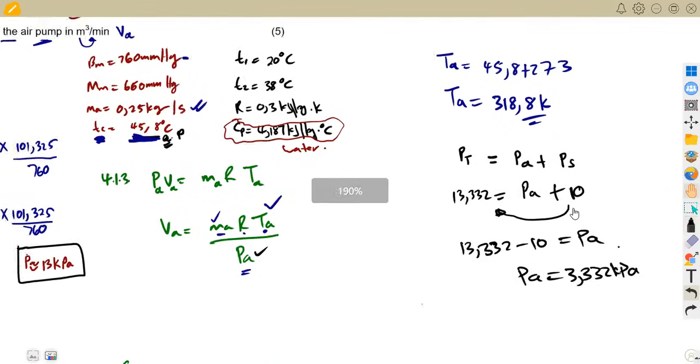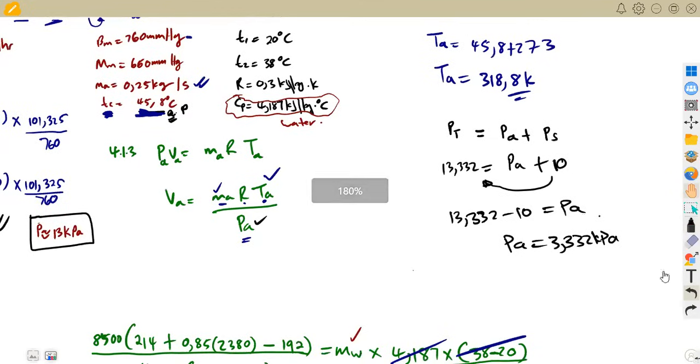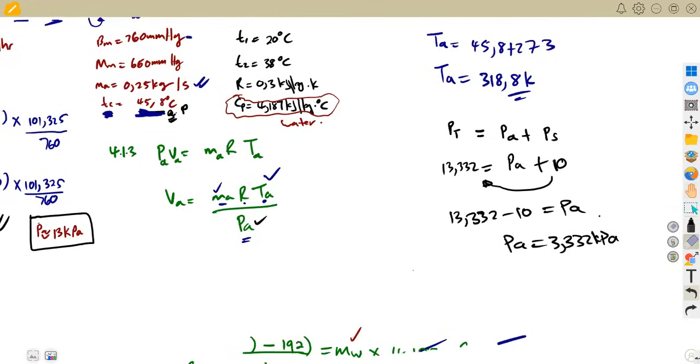But this volume, as we can see, if we are to substitute here, because of the mass here, which is in kilogram per second, we are going to have our volume in cubic meters per second, because this is per second. So what can we do to obtain this per minute?